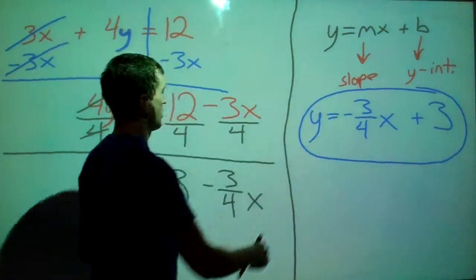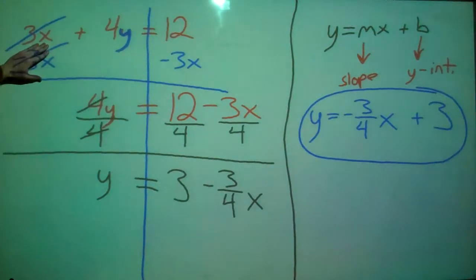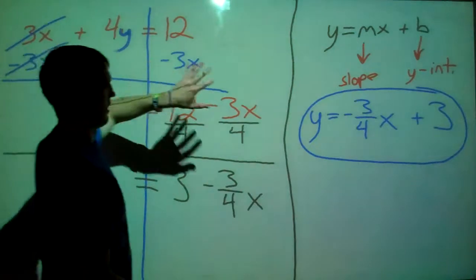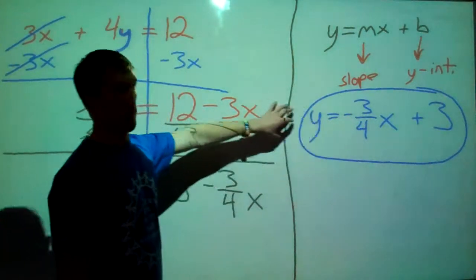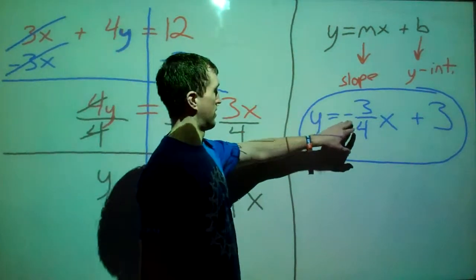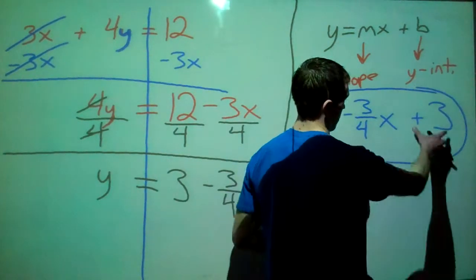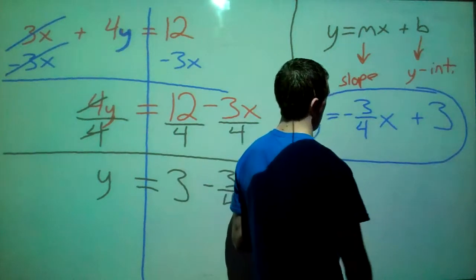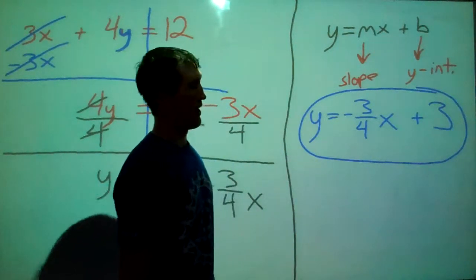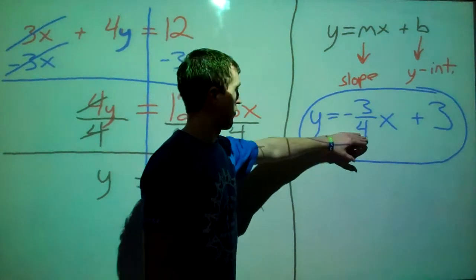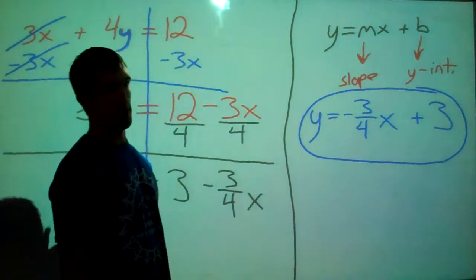So this equation and the one we originally started with are the same thing, except this is in standard form and this is in slope-intercept form. See how our slope is negative 3/4, and our y-intercept would be at y equals 3. That's where it would cross our y-axis. And for slope, this would mean over 4, down 3, rise over run.